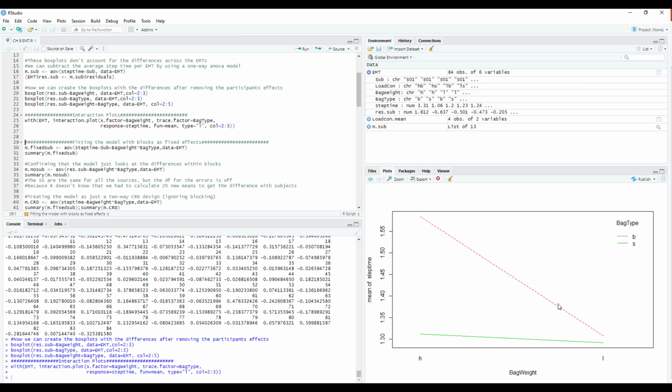But there's a steep decrease going from heavy to light when you're using a 2-strap or the backpack type of bag. Whereas going from heavy to light with a shoulder doesn't seem to change it all that much. Since this line is flat for the shoulder, the heavy to light doesn't appear to be much of a difference. Since the ends of these 2 lines are close to one another, there doesn't appear to be a difference between the backpack and the shoulder when we're dealing with the light.